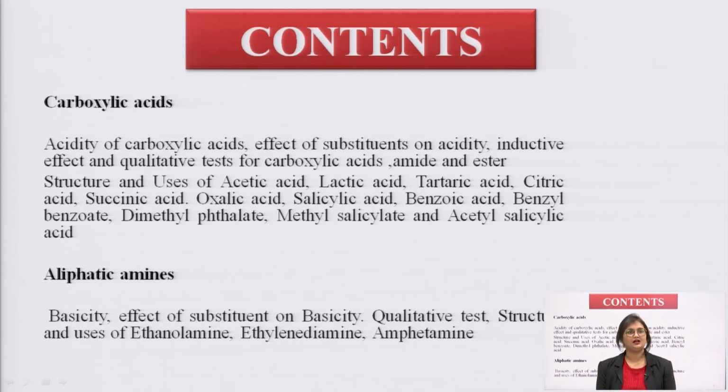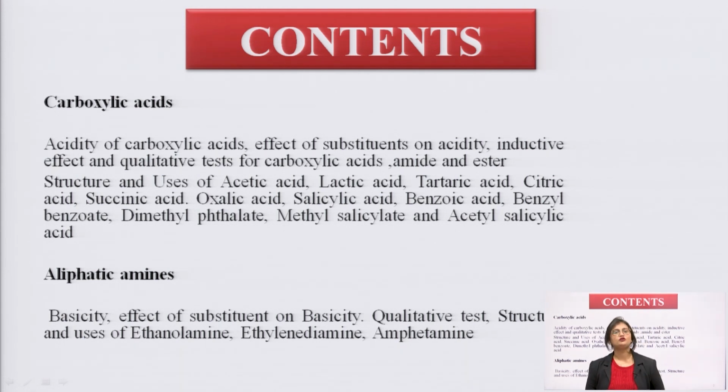Then we had learned about structure and uses of various derivatives of carboxylic acids, namely acetic acid, lactic acid, tartaric acid, citric acid, succinic acid, oxalic acid, salicylic acid, benzoic acid, benzyl benzoate, dimethyl phthalate, methyl salicylate and acetyl salicylic acid.